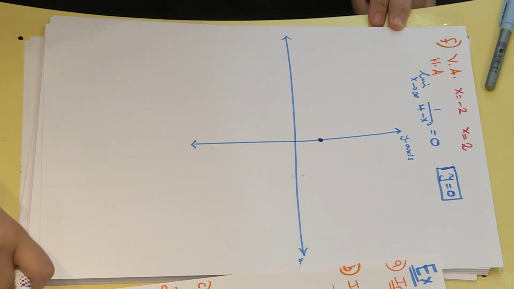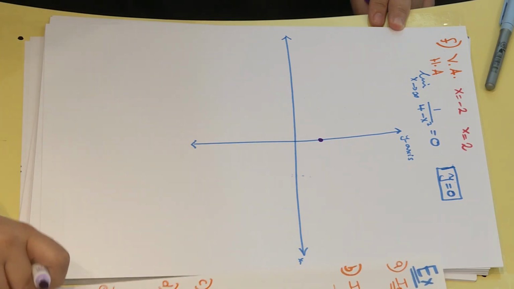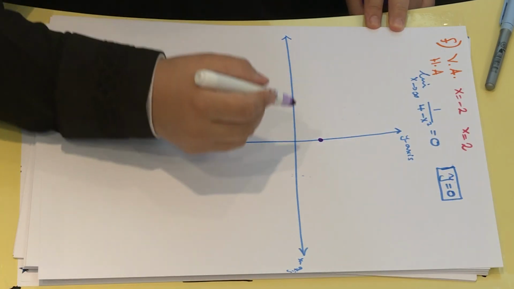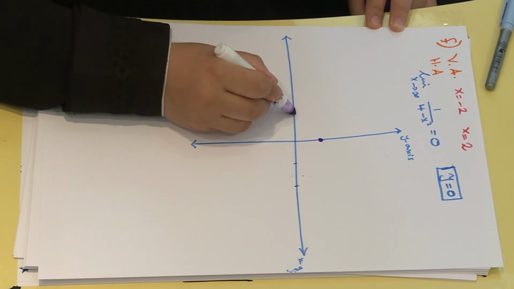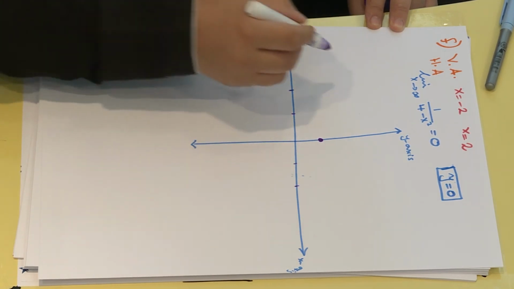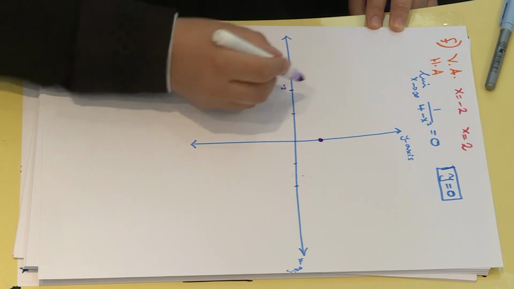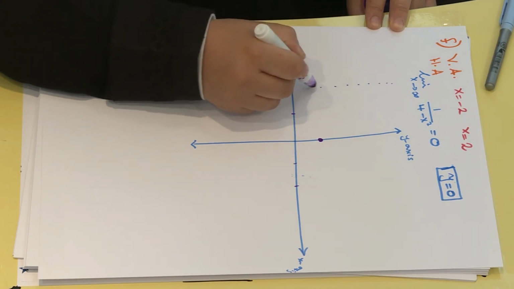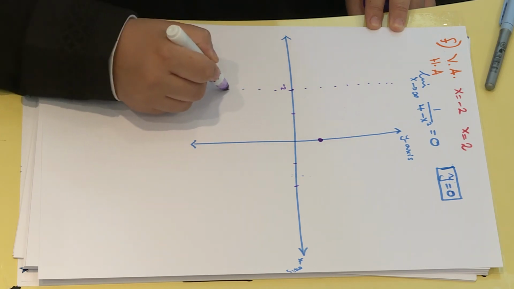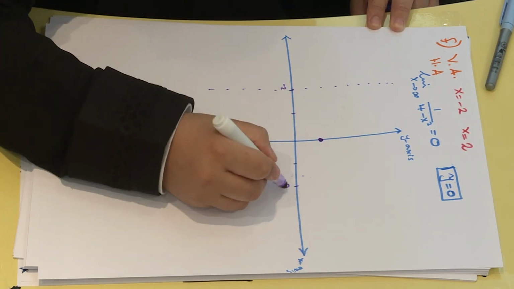Next, what should we put? We should also put the vertical and horizontal asymptotes. This is 1, this is 2. We go to -2, and this is our vertical asymptote at x = -2. Next, this is 2 here.